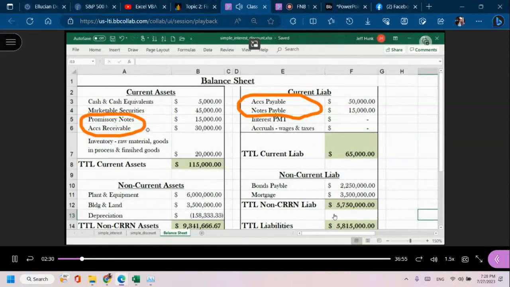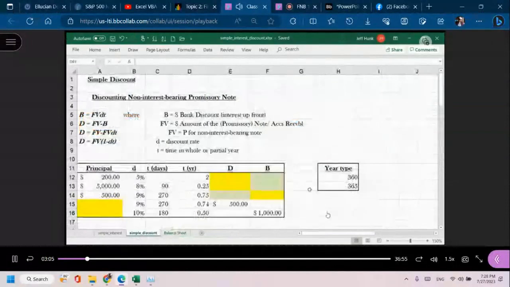It is considered a part of accounts receivable, and from the buyer's side, or the issuer, right? The issuer of the promissory note, right? From the standpoint of the issuer of the promissory note, that's part of notes payable, right? Basically, so it's part of the accounts payable. Okay.